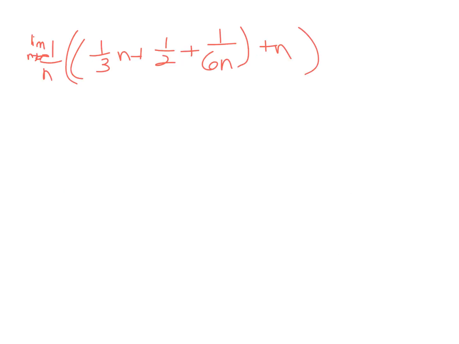I distribute that 1 over n squared to all three terms, and it got me that. If I add n, forgot the 1 over n, I'll get 4 over 3n, because 1 over 3 plus 1 is 4 over 3.